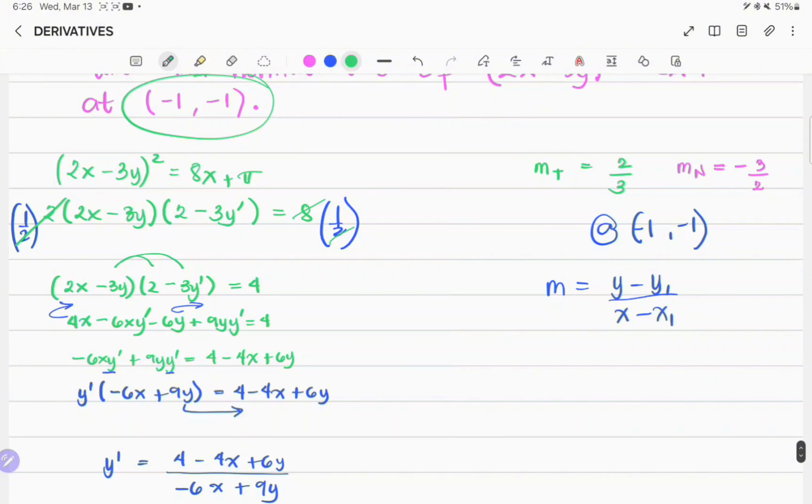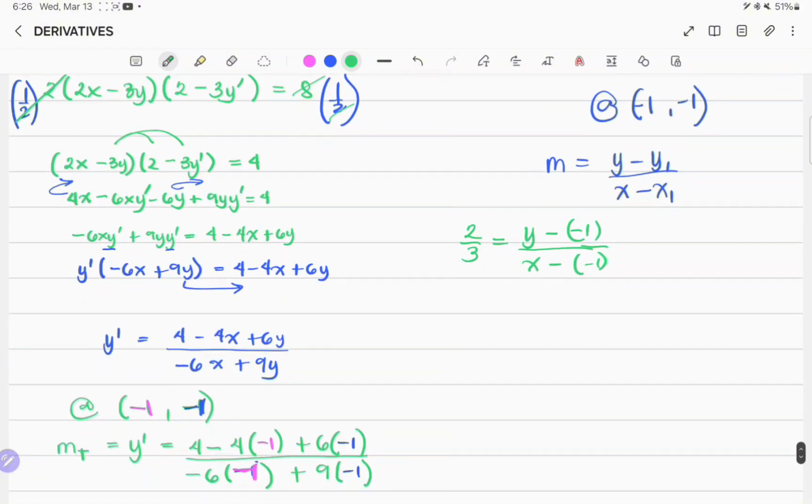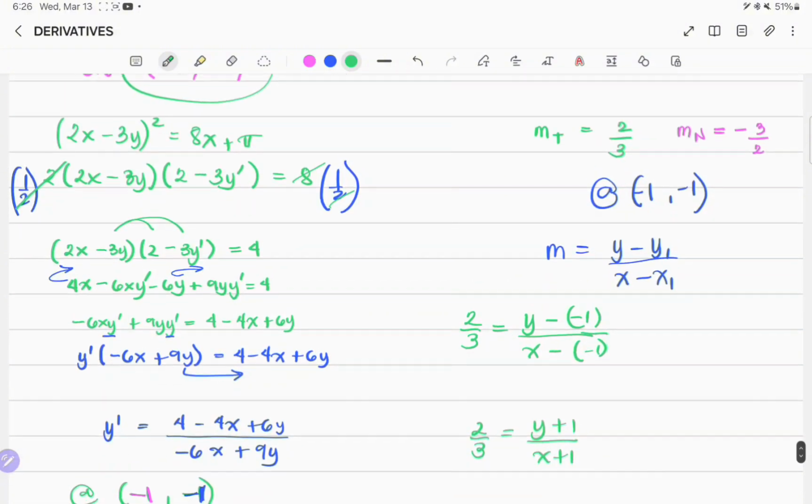Therefore, for our tangent line, the equation is going to be 2 over 3 equal to y minus negative 1 over x minus negative 1, or that is the same as 2 over 3 equal to y plus 1 over x plus 1.